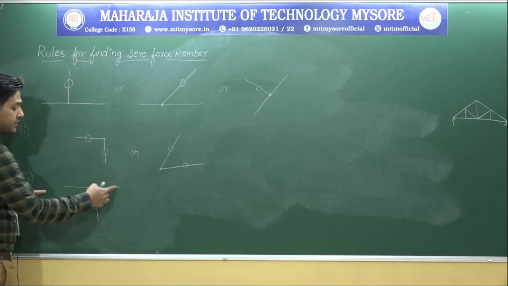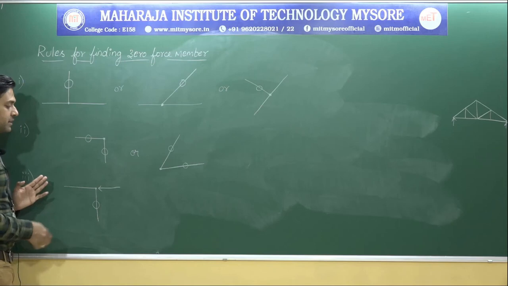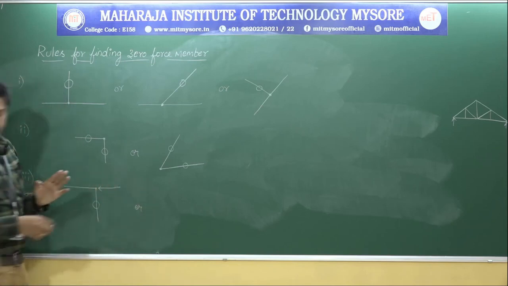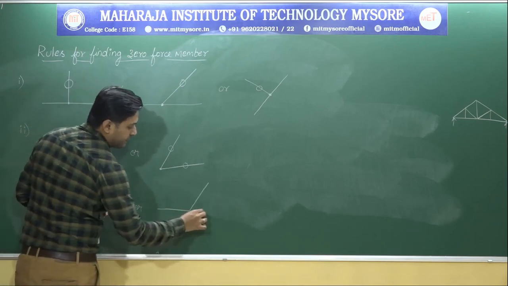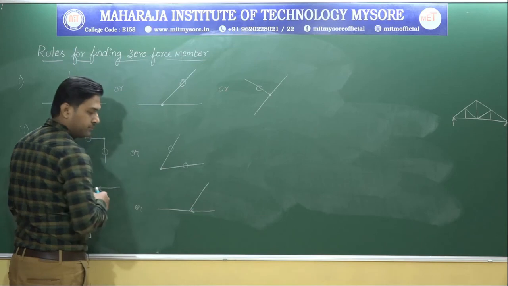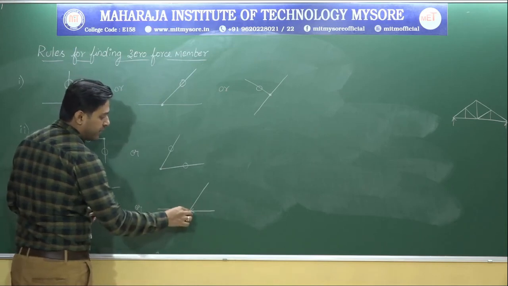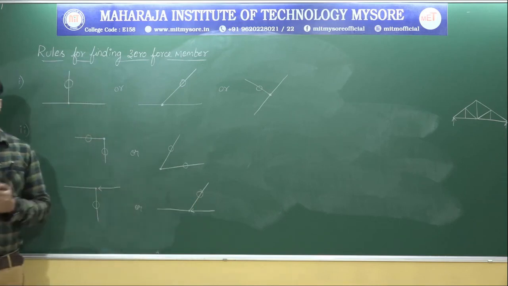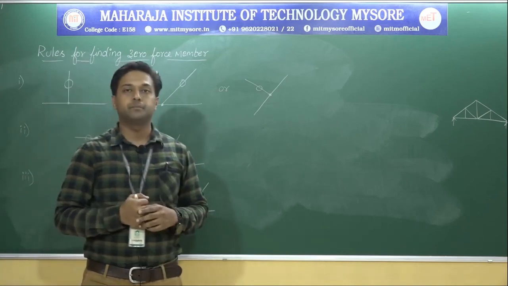So in which direction is the external force acting? Forget about that particular member, the other member will be a zero force member. Or I can draw one more diagram for it. Observe, if it is like this, an external force is acting in this direction. If an external force is acting in one particular member's direction and this is a joint, the other member will be the zero force member.